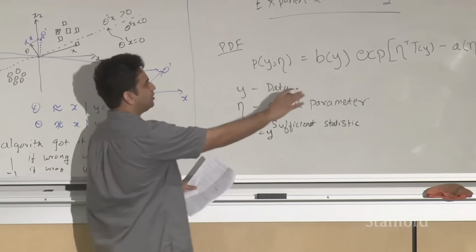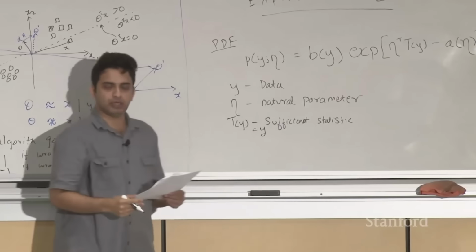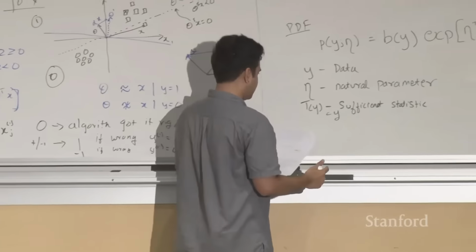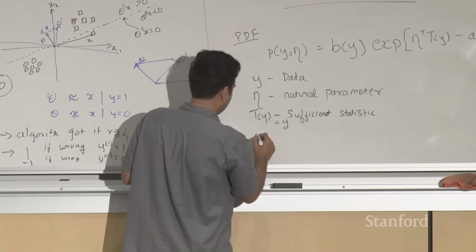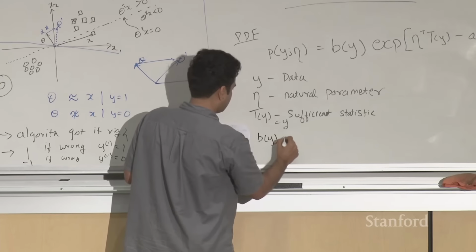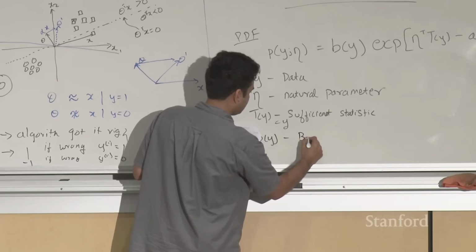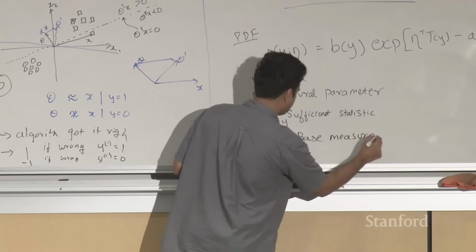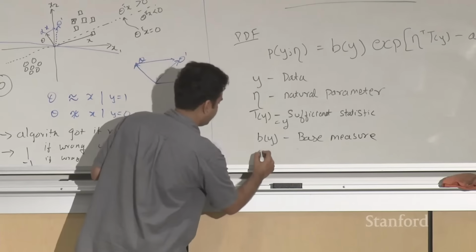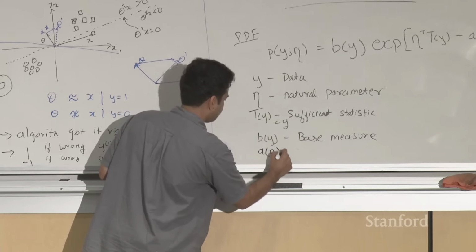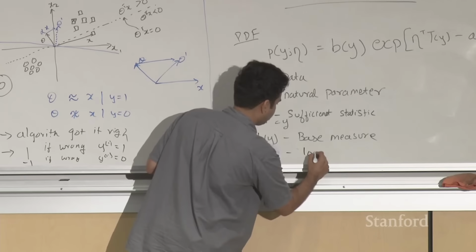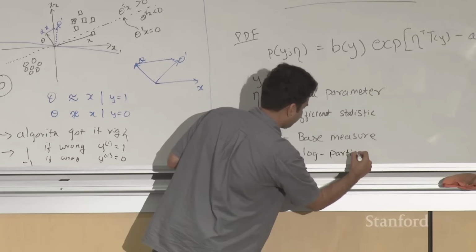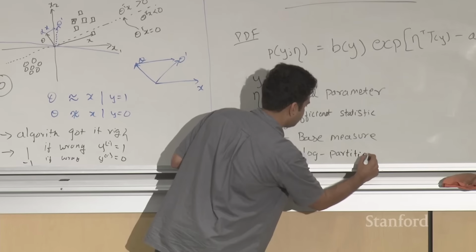So you can just replace T of y with y for all the examples today and in the rest of the class. B of y is called a base measure. And finally, A of eta is called the log partition function. And we're going to be seeing a lot of this function.